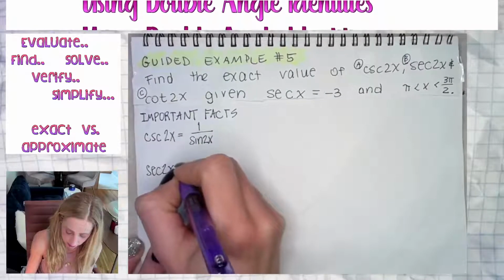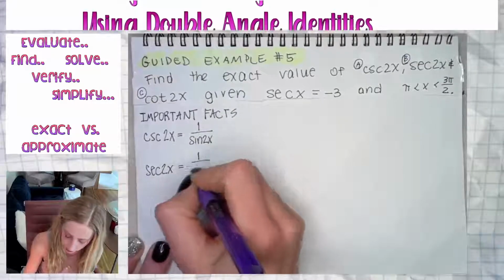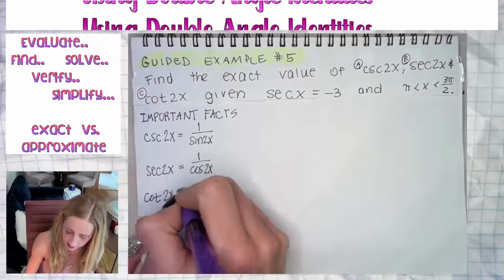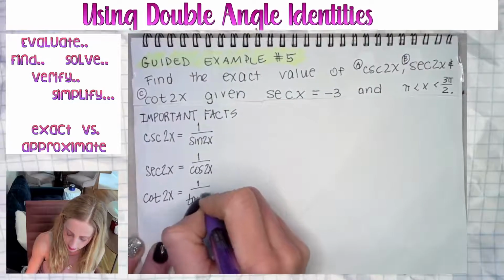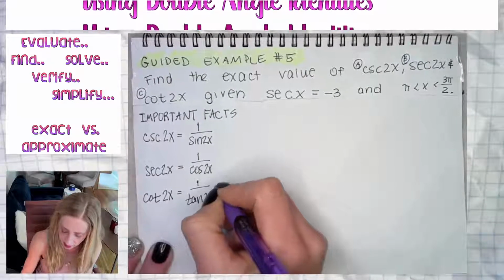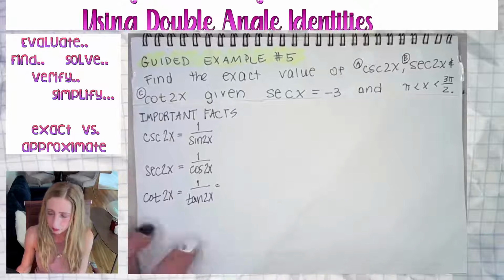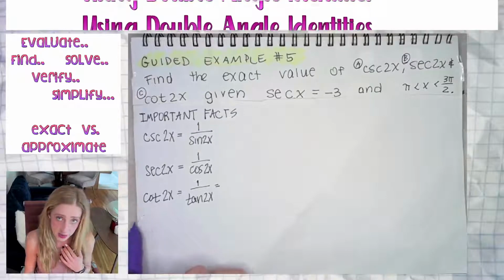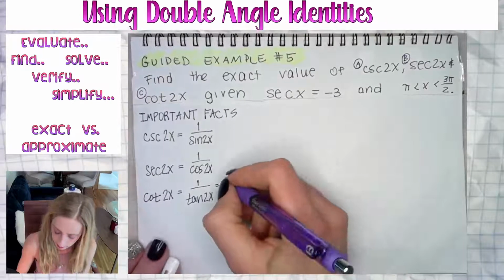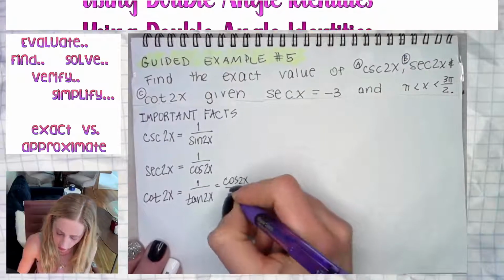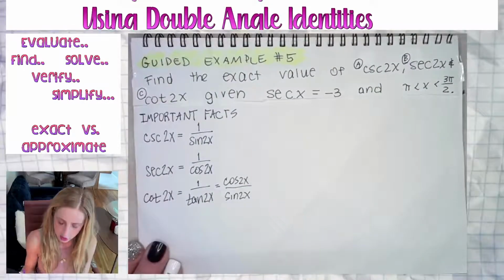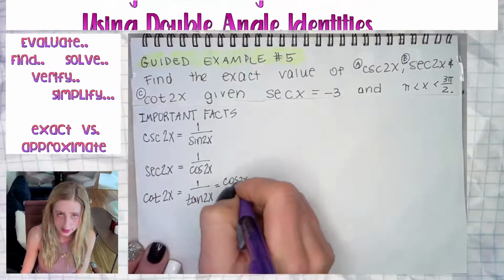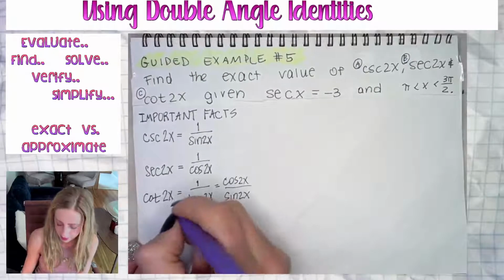Secant 2x, I think you could just fill them in from here, is equal to 1 over cosine 2x, and cotangent 2x is equal to, you have a few ways you can look at this, 1 over tan 2x, and you could build on that using the quotient identities. So you could call it cosine 2x over sine 2x, right? And if you are really good and you remember the bonus quotient identity I gave you a while ago, that C is always on top for cotangent, so cosecant 2x over secant 2x.